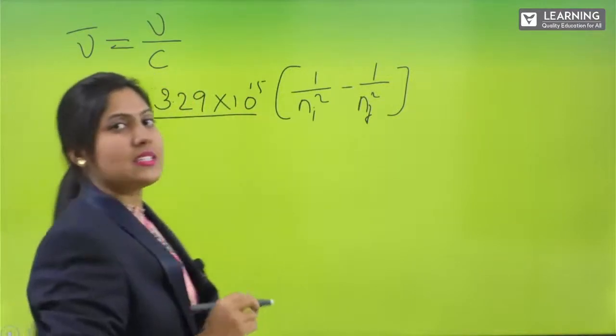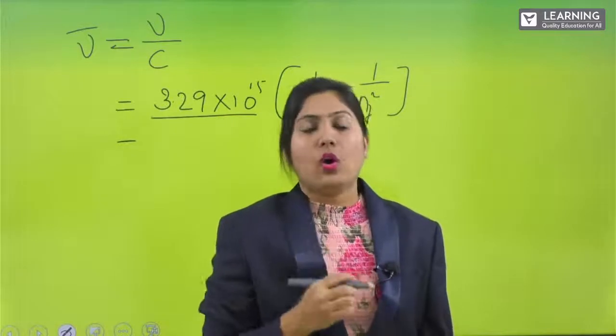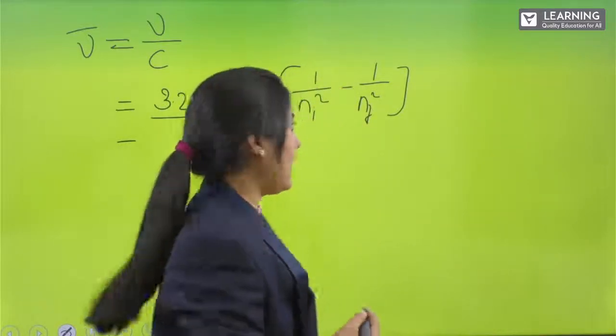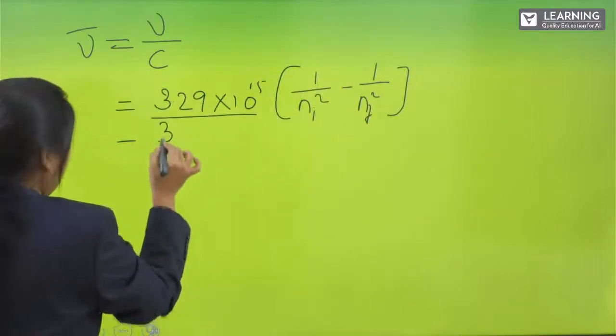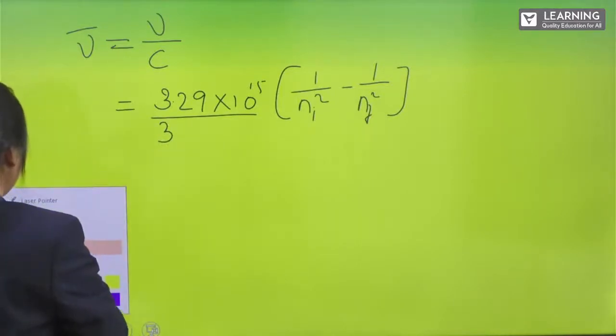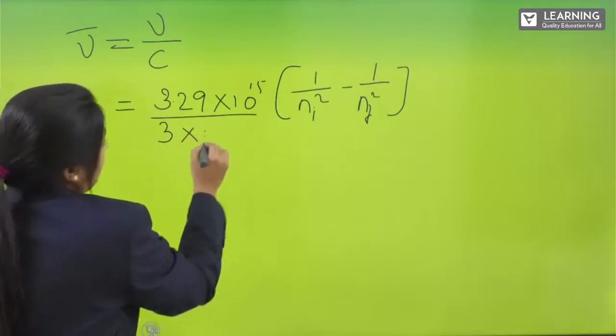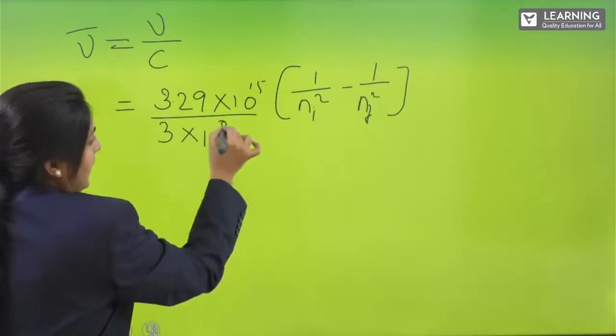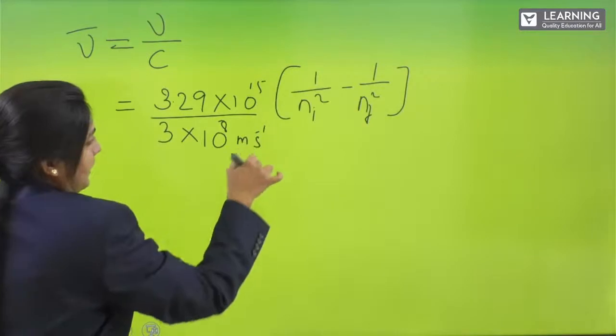What is c? c is the speed or velocity of light. We have studied that in your first basic concepts of chemistry. Do you remember that? That is equal to 3 into 10 raised to 8 meter per second.